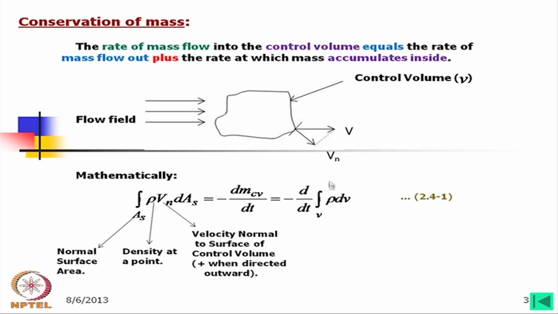That means, the direction shown is positive. That must be equal to time rate of change of accumulated mass in control volume. M C V is the accumulated mass.